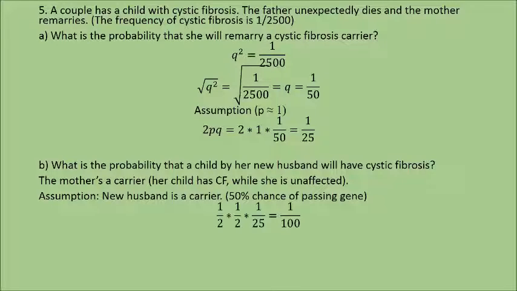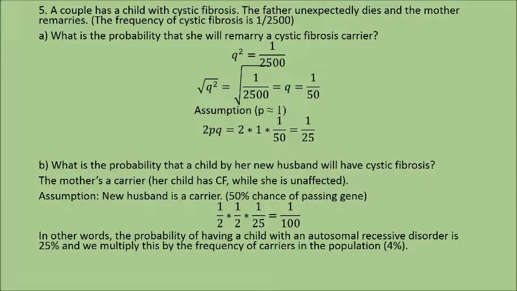So our equation is carrier 1, the mother, is 1/2, times carrier 2, the new husband, which is 1/2, times the frequency of carriers in the population, which is 1 out of 25, and that equals 1 over 100. In other words, the probability of having a child with an autosomal recessive disorder is 25%, and we multiply this by the frequency of carriers in the population, which is 4%.